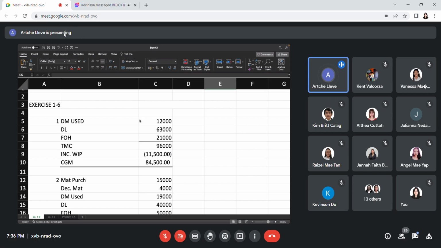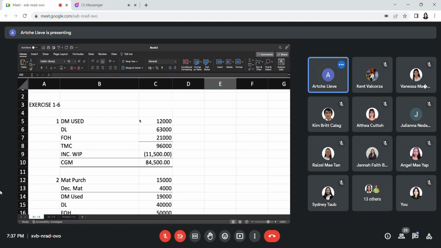So with that, if less finished goods ending, the result would be your cost of goods sold. So for number one, considering that we are looking for cost of goods manufactured, the formula now would be your total manufacturing cost plus beginning balance work in process minus ending work in process.